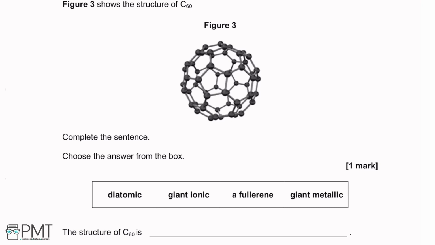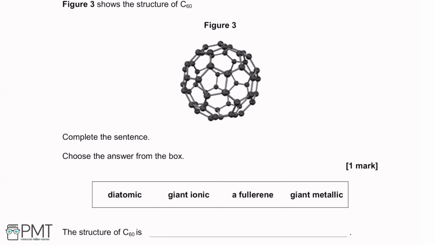Figure 3 shows the structure of C60, which we can see here. It's this funny looking ball shape. So we need to complete the sentence, choose the word from the box. So we've got diatomic, giant ionic, a fullerene, and giant metallic as our options. And the sentence is, the structure of C60 is something.